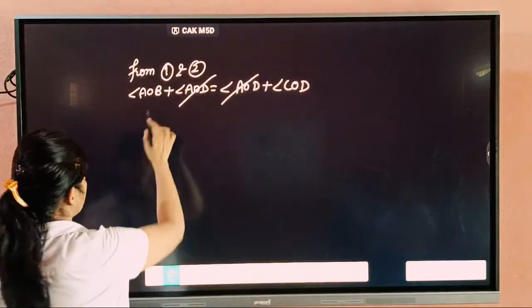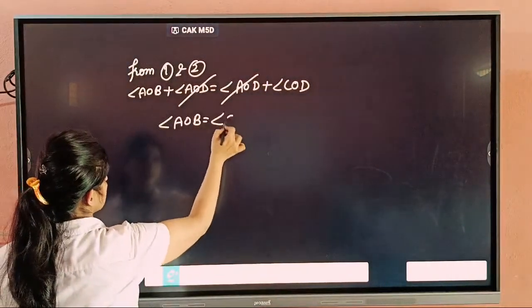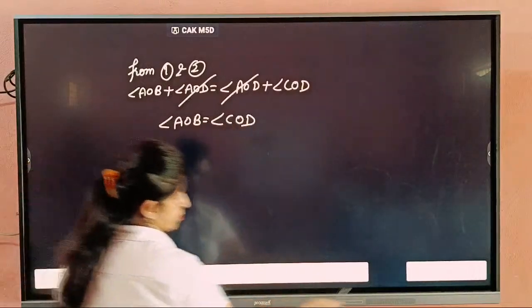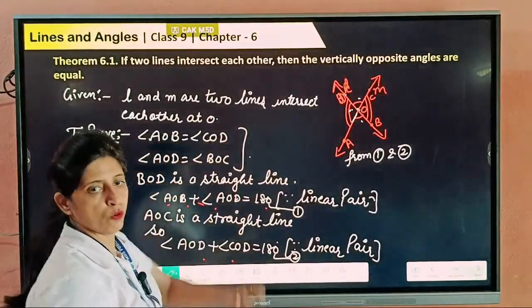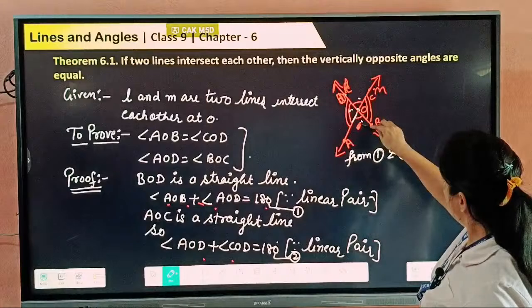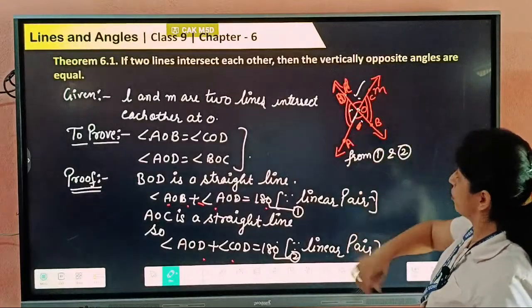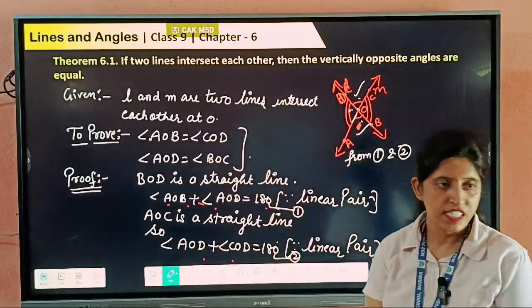What is left? Angle AOB equal to angle COD. Check once: this angle AOB and this COD are equal.